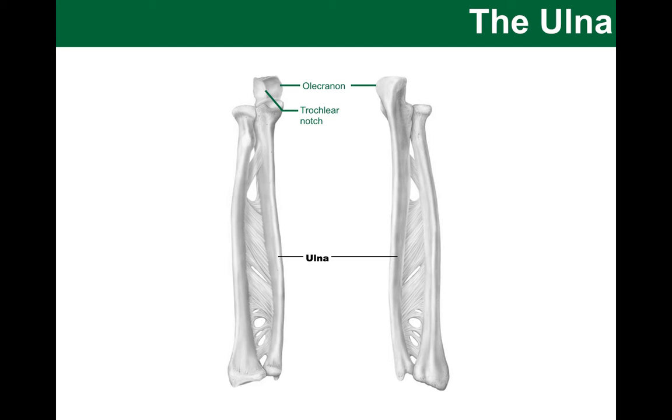It looks a little like this cup-like structure. We also have coronoid process, which also contributes to this articulation with the trochlea of humerus. We also have radial notch, where ulna and radius articulate. And same thing at the distal end.